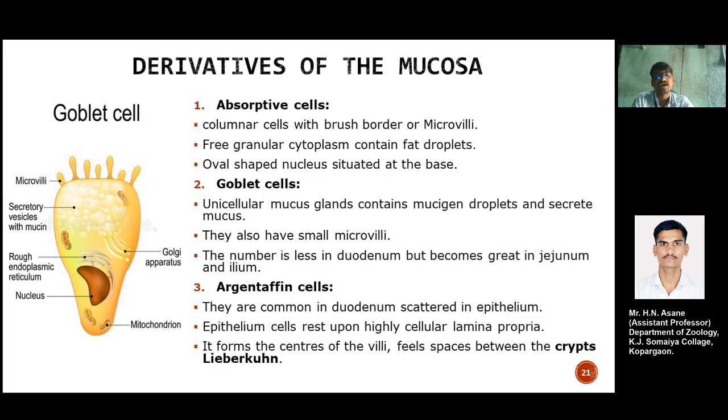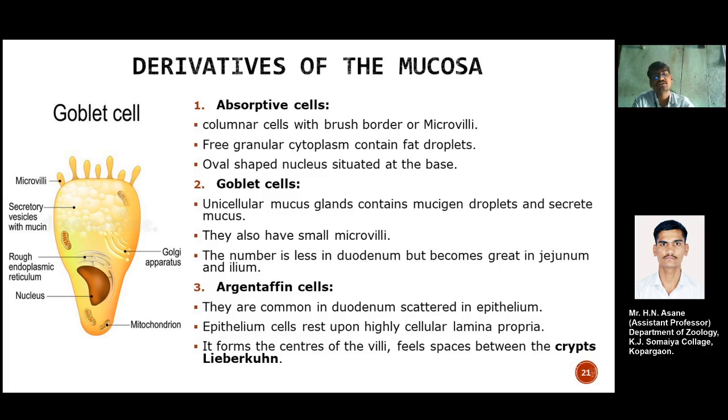Okay, the free granular cytoplasm contains droplets. Which droplets? The fat droplets. Then the oval shaped nucleus of these absorptive cells is situated on the basal side.